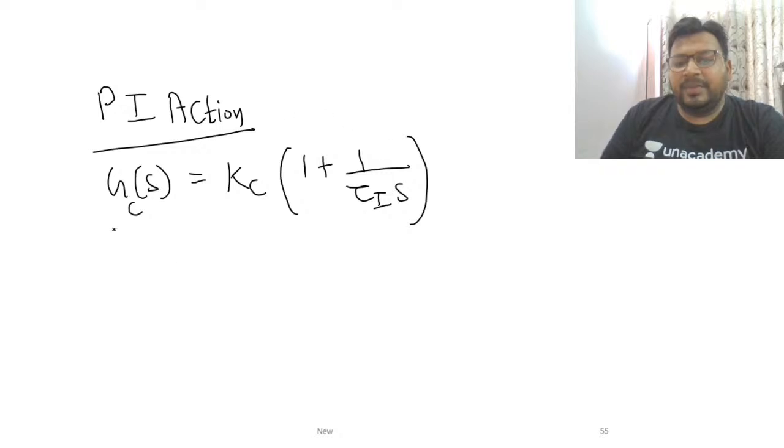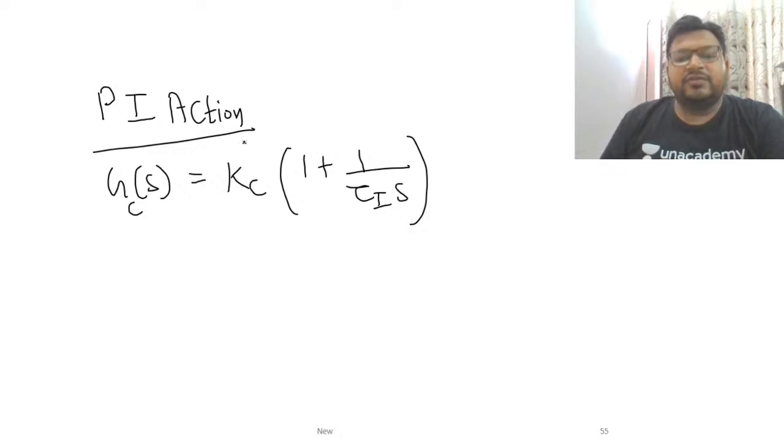So when a PI action is in series with a first order system, both of them combined become a second order system, because you can see there is s in the denominator. So s in the denominator means what?